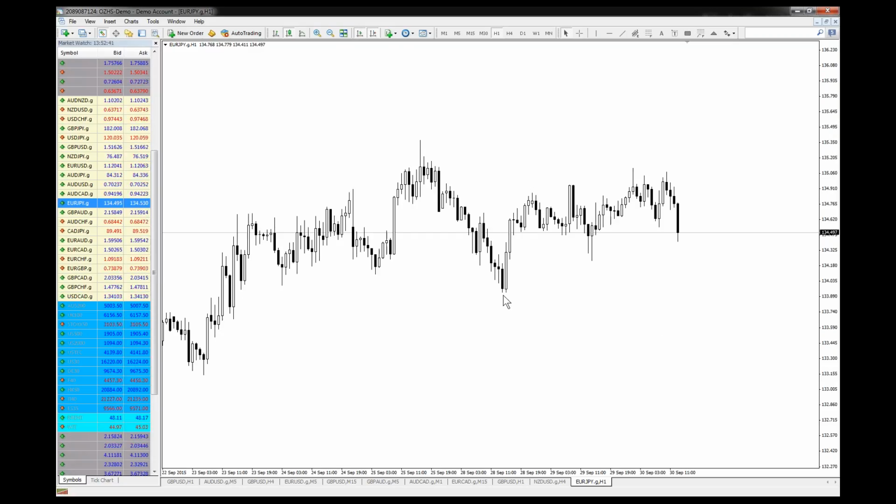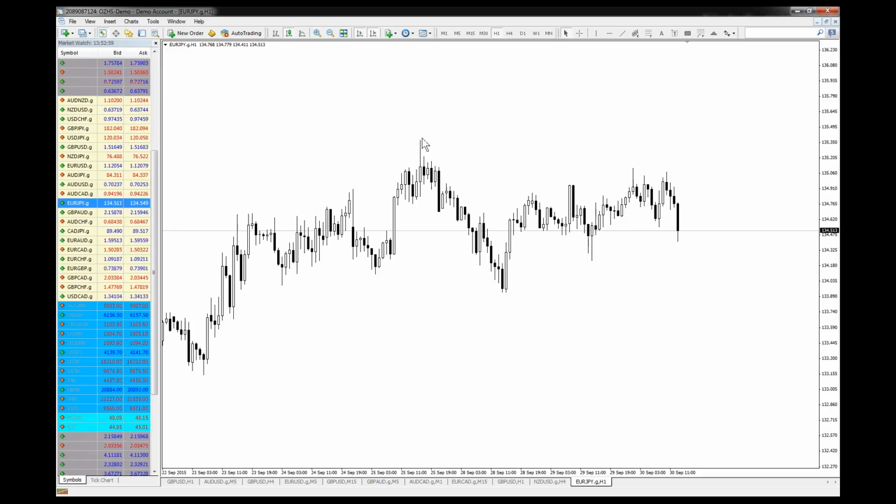You follow me? And the reason that this is the B, and if I'm going too fast, stop me, is that this took out the old prior low. So that makes this the new high to start a fresh group of swings.